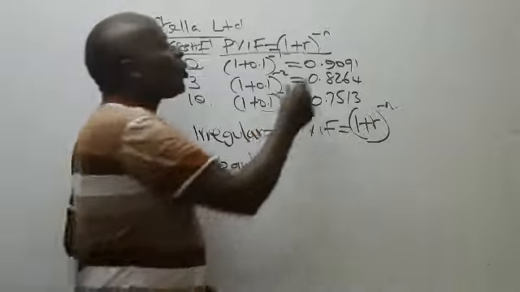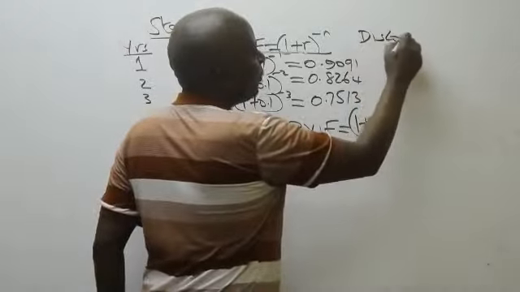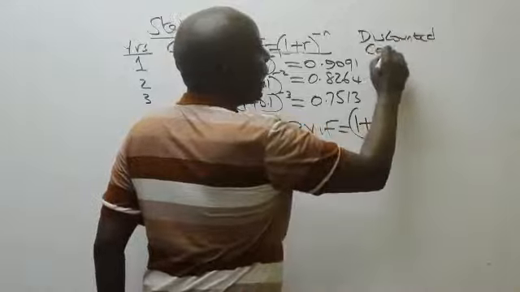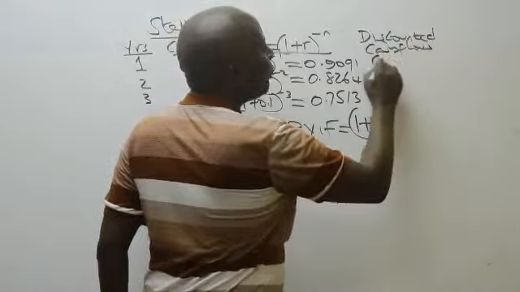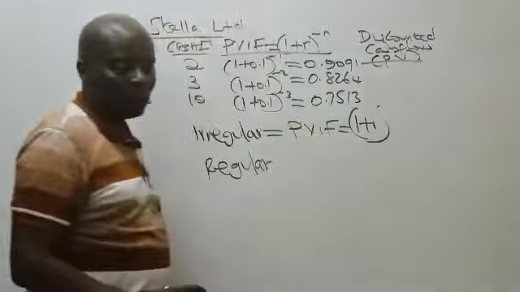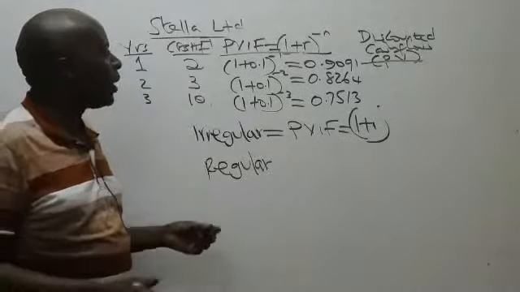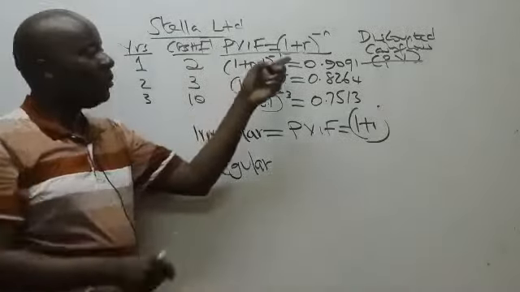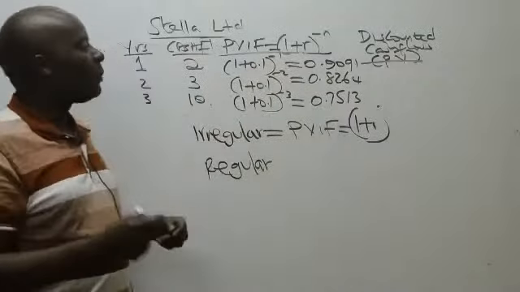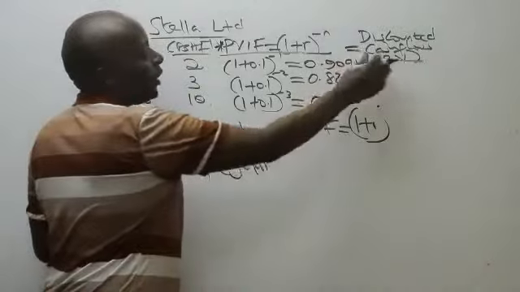So what you need to do is give us a column of discounted cash flows, basically what we shall be abbreviating as present values. To get this, it's quite simple: you take a cash flow times PVIF.